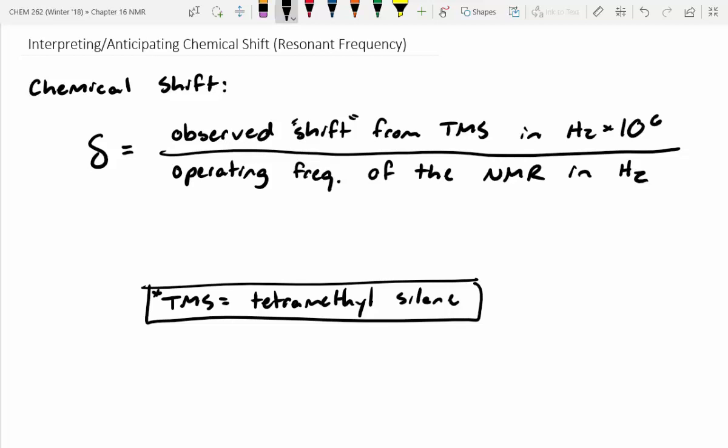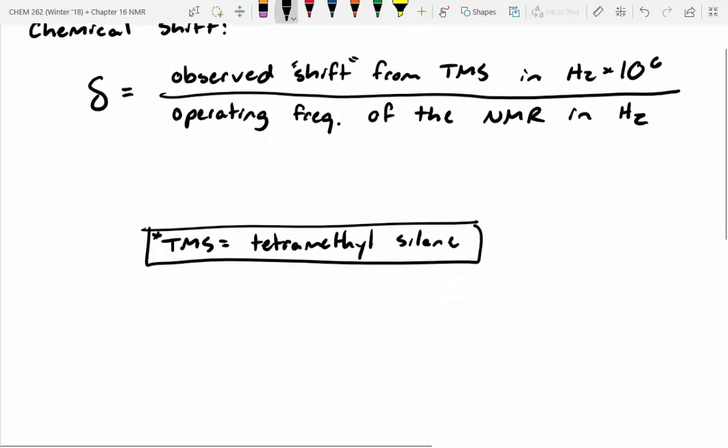Those are the fancy ones that are used to study protein folding for the most part. So there's a huge range in NMR powers. The lower operating frequency NMRs are permanent magnets, meaning the magnet just sits there and does its job. The really, really fancy high operating frequency NMRs have electromagnets in them that are cooled with liquid helium and liquid nitrogen so that they're superconducting magnets. So that does change the chemical shift, and you do have to account for that.